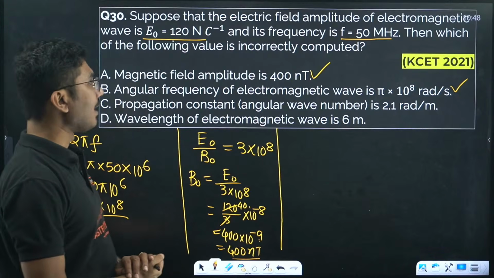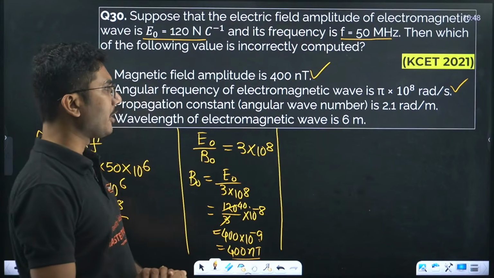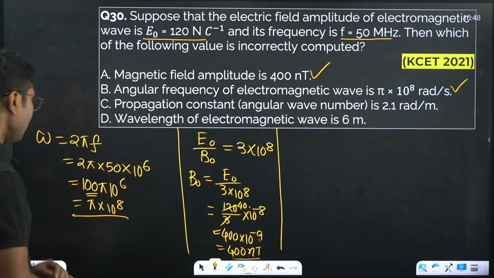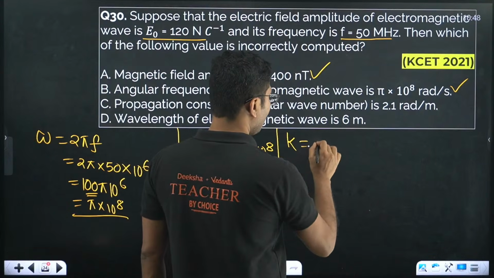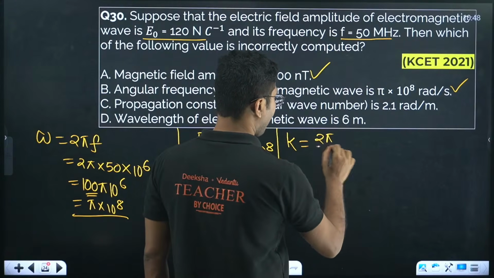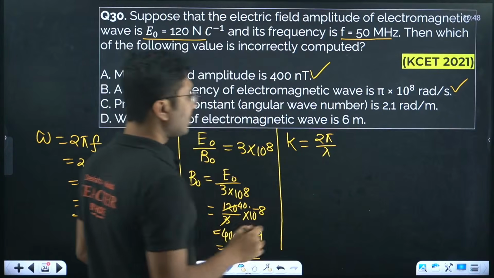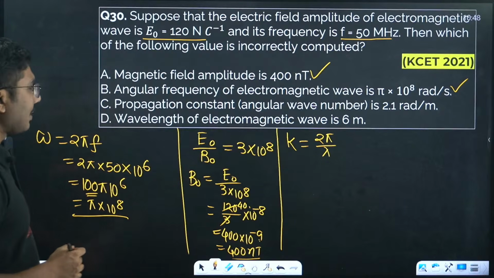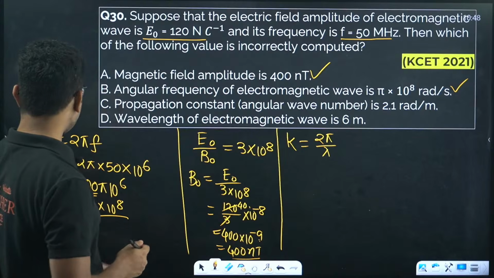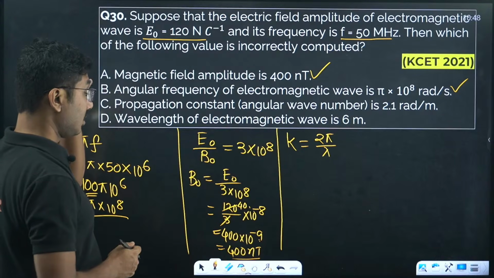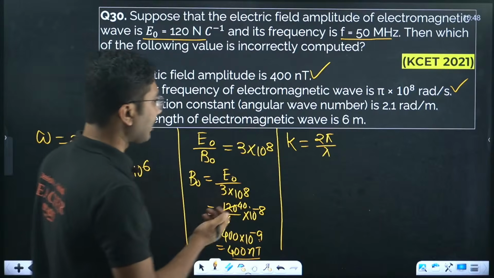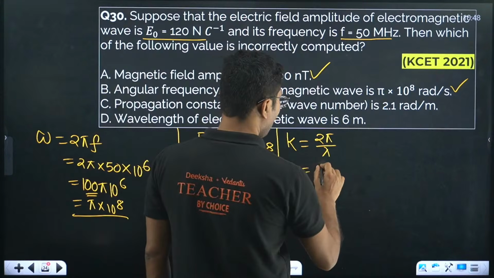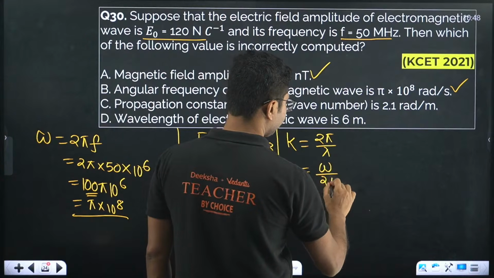Propagation constant, the angular wave number, is 2.1 radian per meter. So angular wave number is 2 pi by lambda. Now how to calculate that? It can also be calculated as omega by 2 pi.